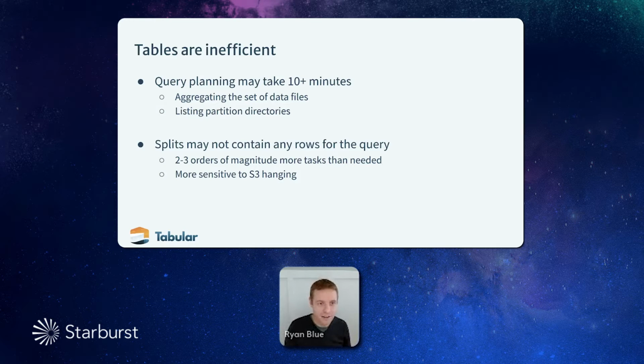Or in the case of Hive tables, you might be listing thousands, tens of thousands, hundreds of thousands of partition directories to figure out what data files actually need to be read for your query. That can take an incredibly long time.